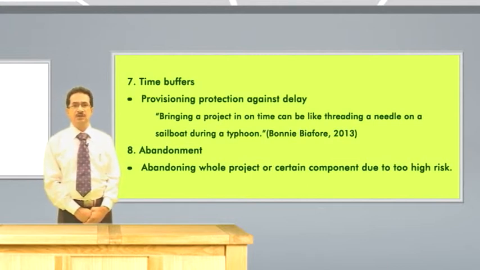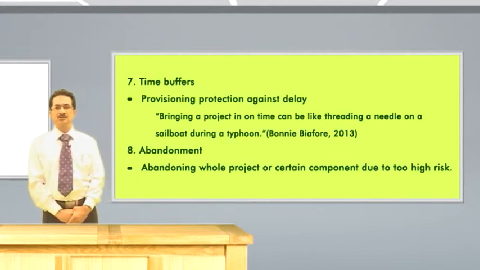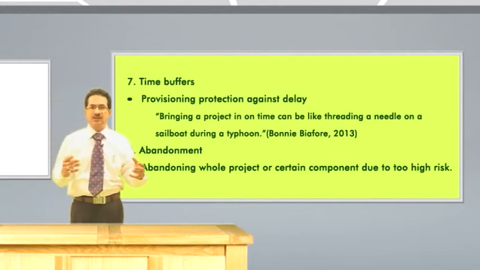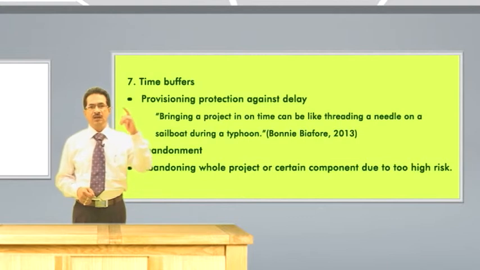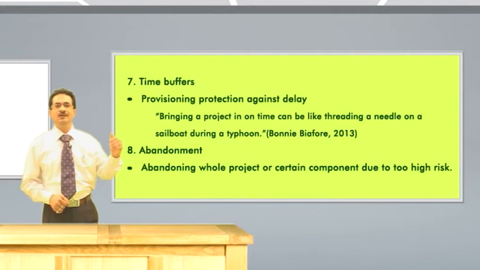Time buffer is provisioning protection against delay, and it also helps in avoiding hurriedness or chaos. It provides adequate flexibility in working, and it leads to utilizing surplus time in innovative effort.